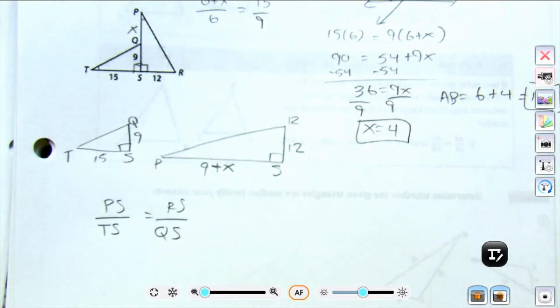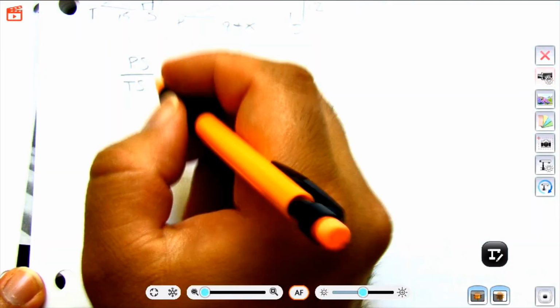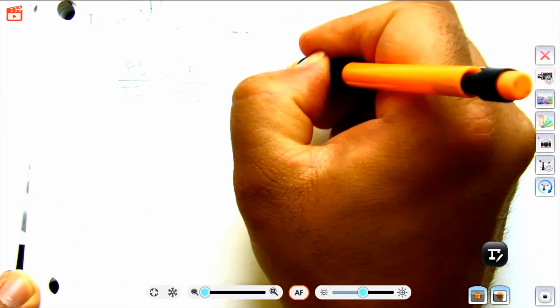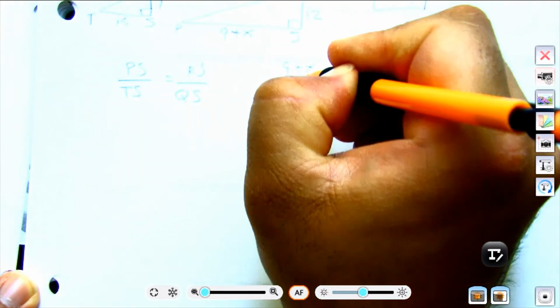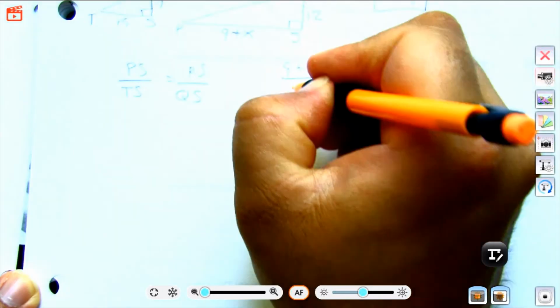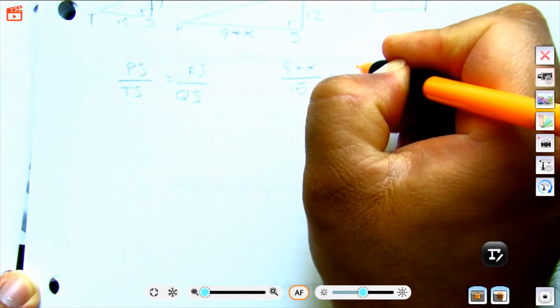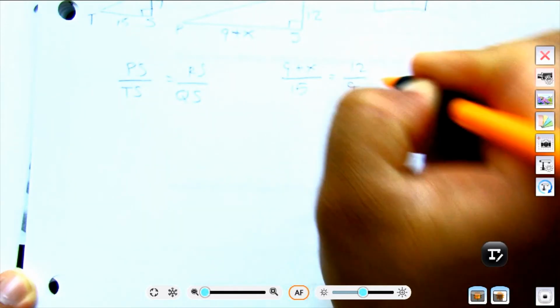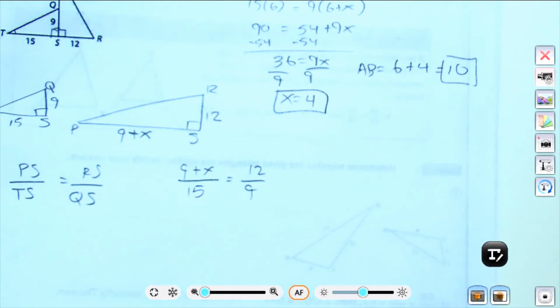And then substituting the values, I have 9 plus x over 15 is equal to 12 over 9. Then I'm going to cross multiply.